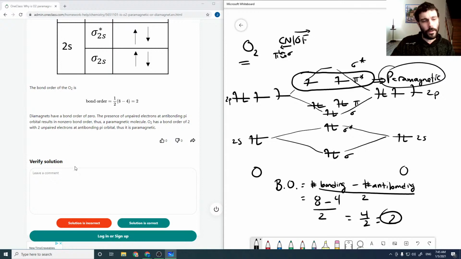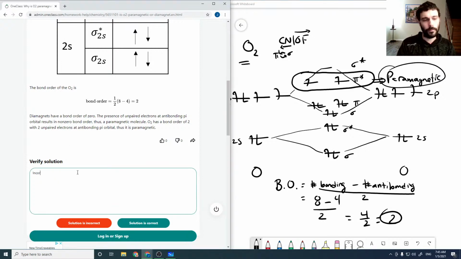So that's just false. Let's have all electron spins paired. Paramagnets have unpaired spins.